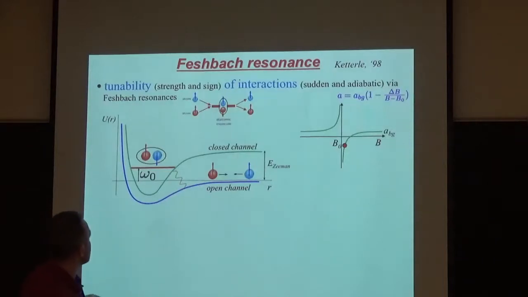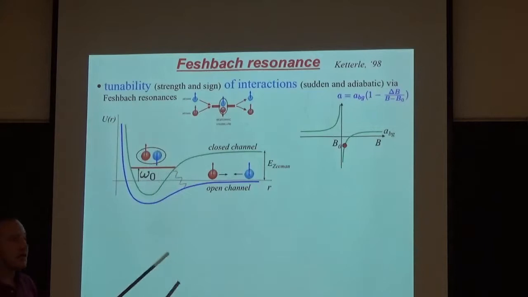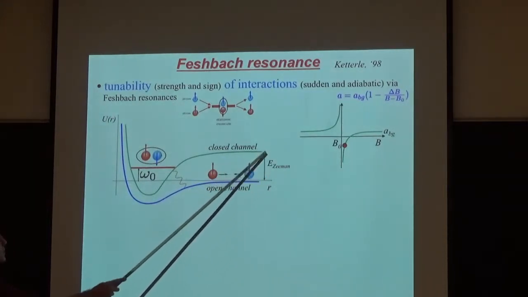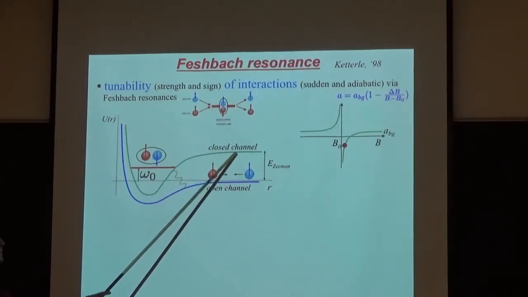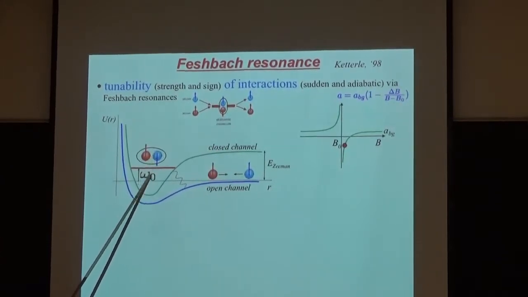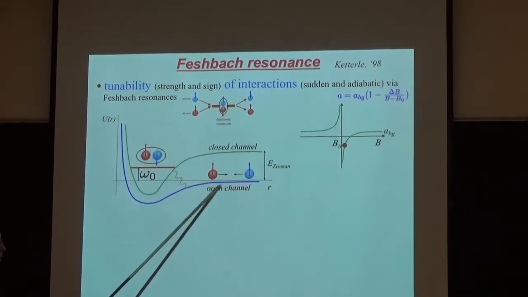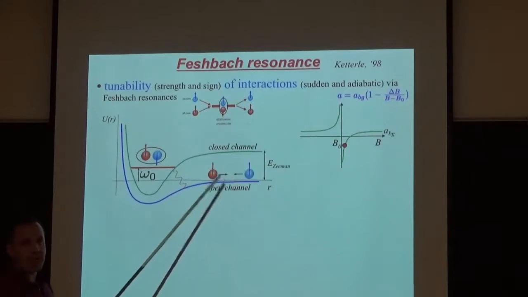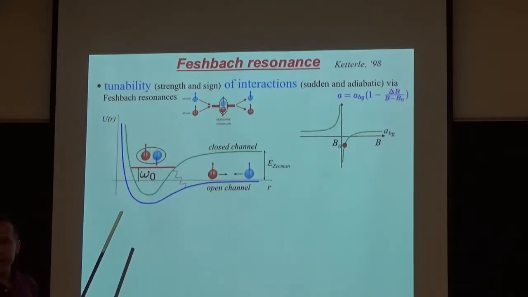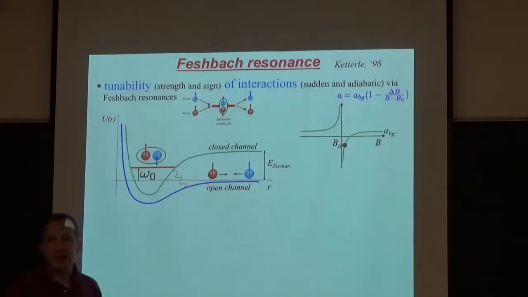Now you get this really cool thing: once you have this intermediate state, by tuning with a magnetic field the relative energy of these asymptotic states, you're tuning this resonance, which I label by omega 0, relative to the two particle continuum. As a result you have resonance scattering between these two atoms through this quasi-bound state, and so you can vary your scattering length.